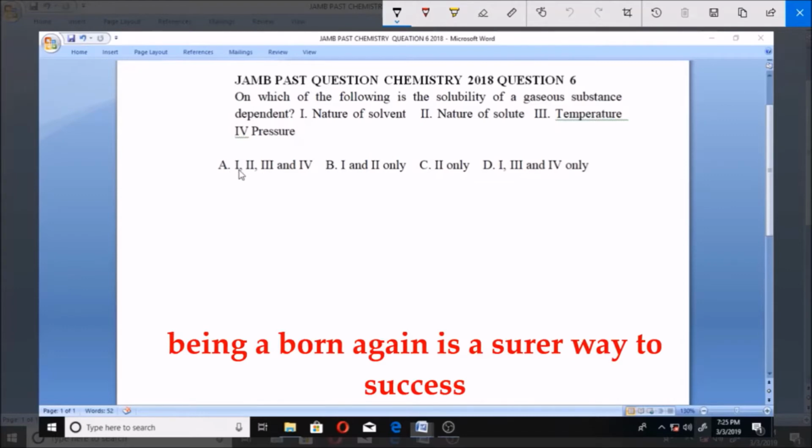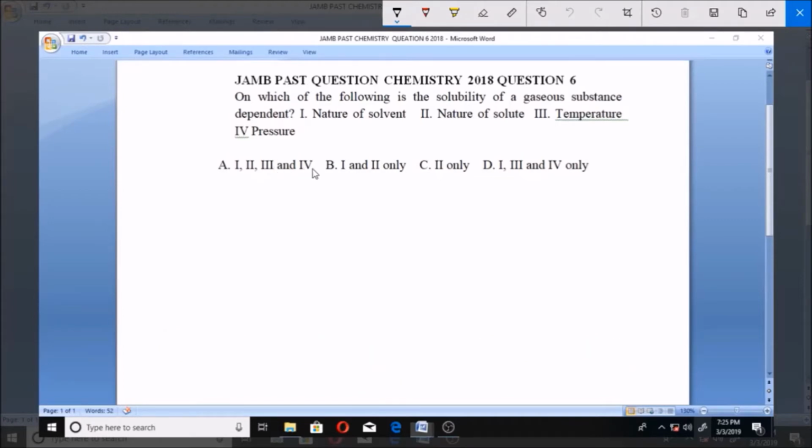Option A, I, III and IV. B, I and II only. C, II only. D, III and IV only.